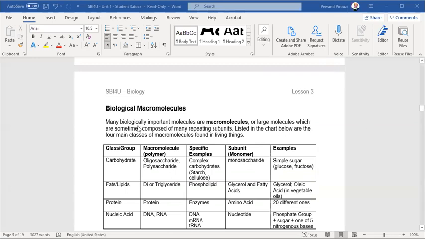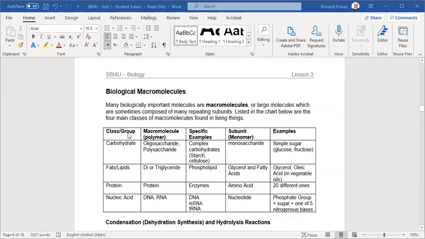Now, talking about biological macromolecules, these are molecules that are big. We do have different classes or groups of macromolecules. We have carbohydrates. These are oligosaccharides and polysaccharides. What does it mean?